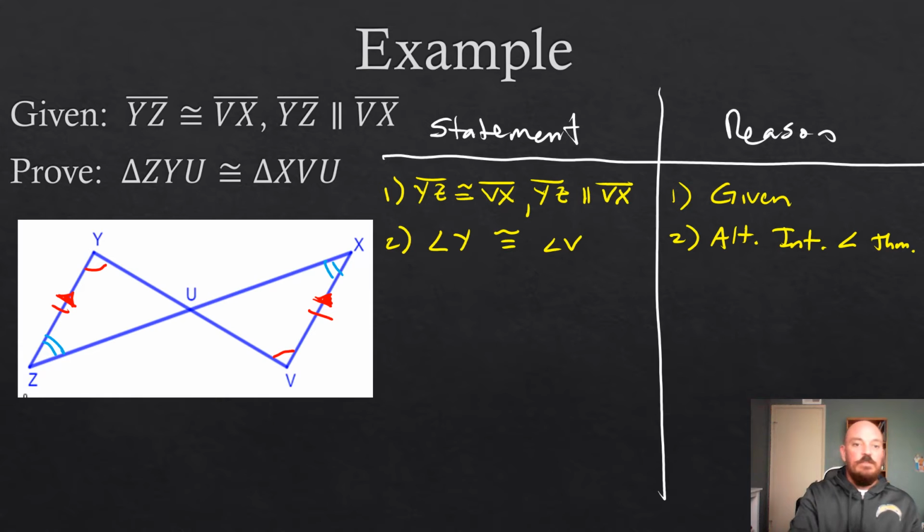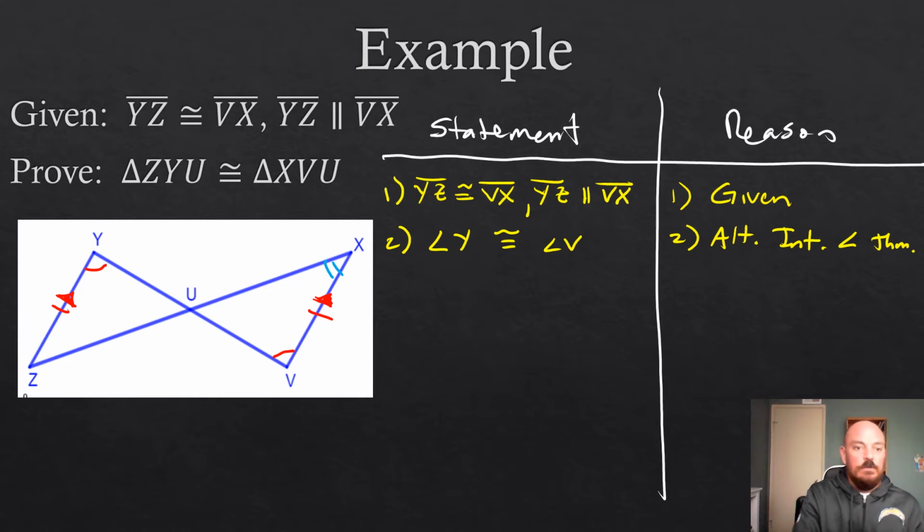So instead of using YV as the transversal, if I extend the line this way and use that as the transversal, then it gives me alternate interior angles again. And you could do that, or I want to show you both possibilities. This way it might even be easier.